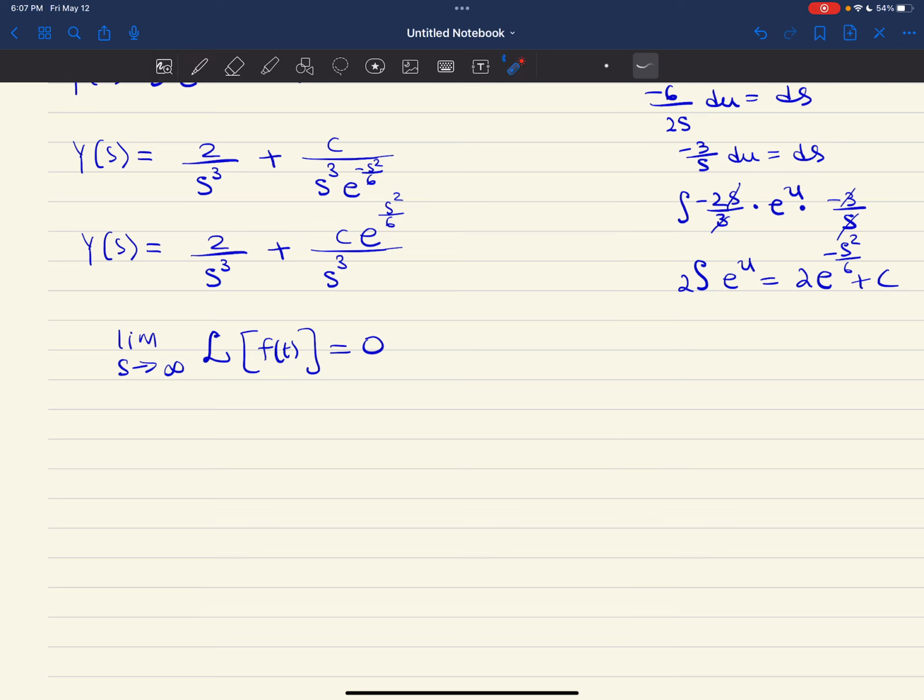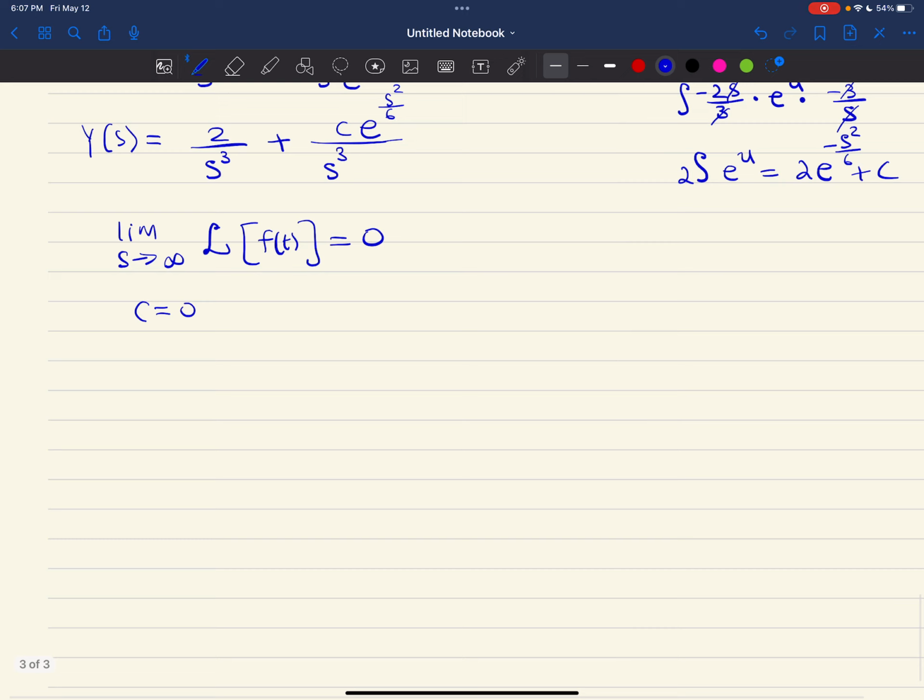I think the rule is something like, because the exponential is growing faster than the bottom, that's why your c turns into 0. So you could use that rule to say that, because of this rule, c is equal to 0, so we know that big Y of s is just equal to 2 over s to the power of 3.